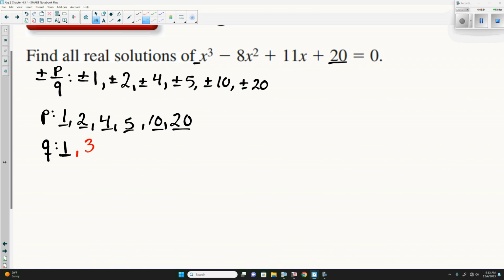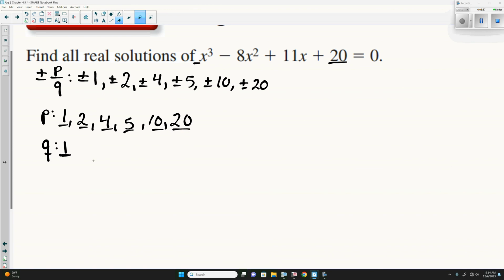We would just keep going through all the values of q. And if there are any that are repeated, that show up more than once, and most of these would be if q was, say, 2, 2 divided by 2 is 1. We already have it listed. We're not going to write it twice.